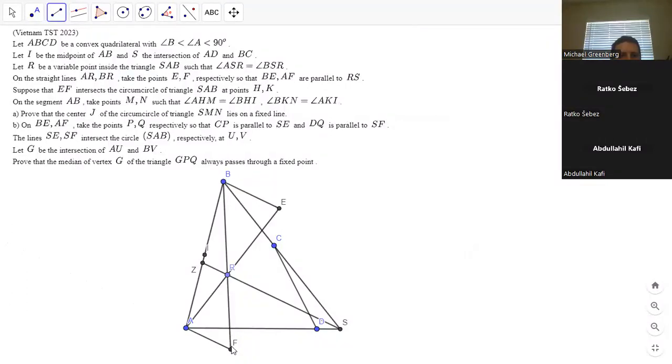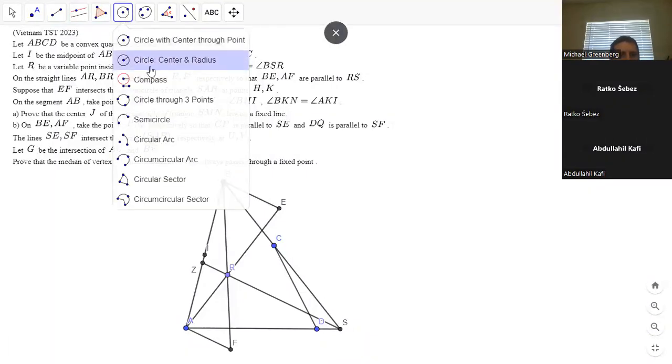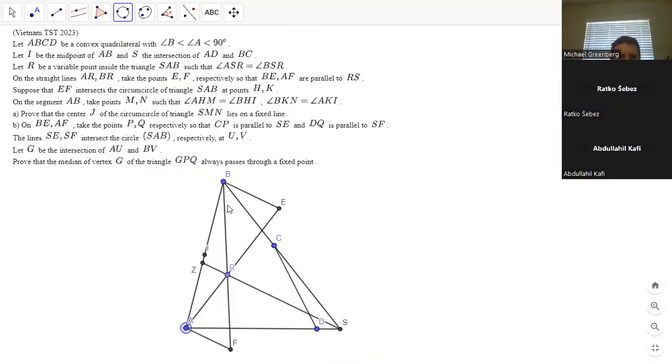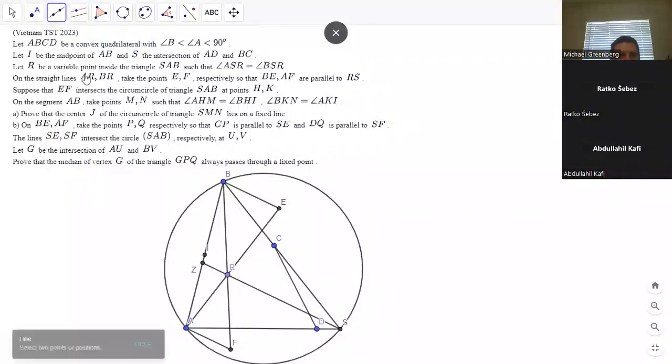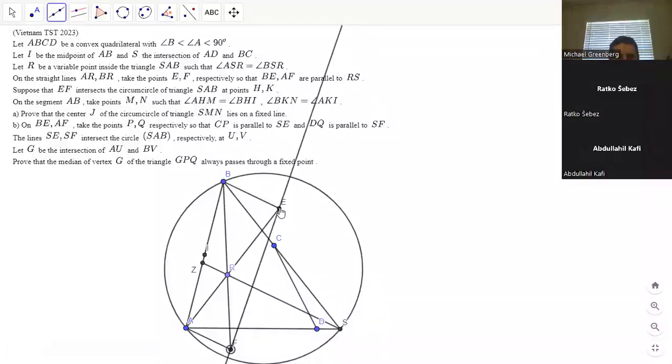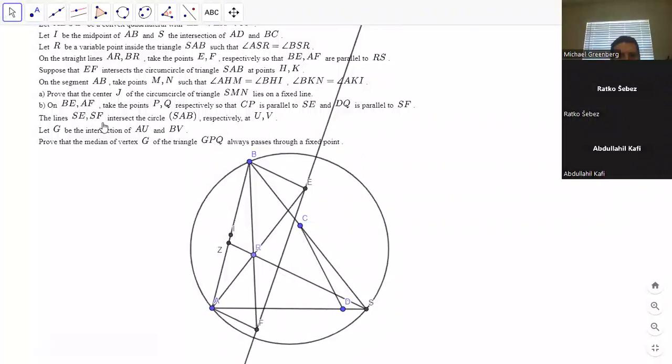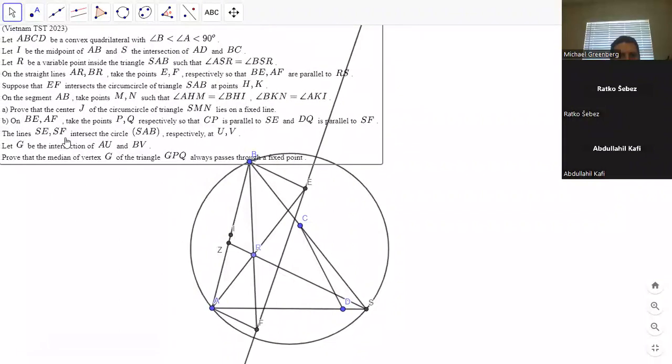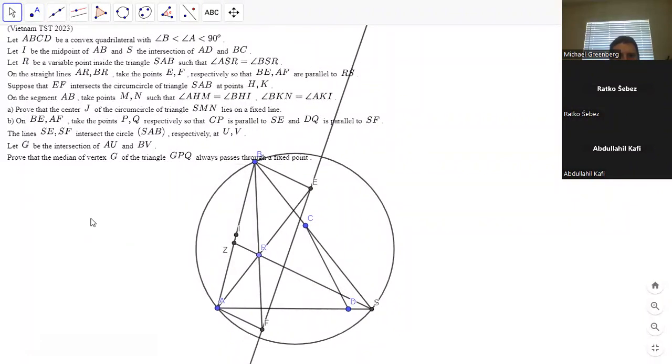So EF intersects the circumcircle of SAB at two points H and K. This is really weird.